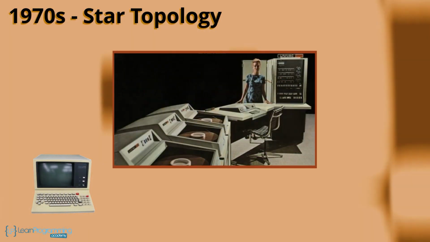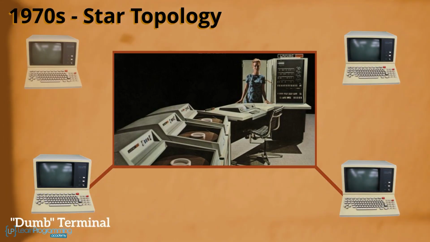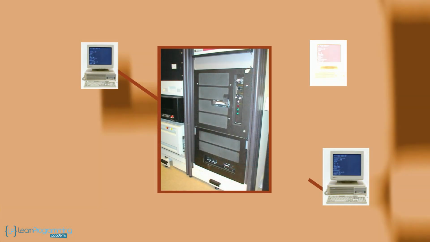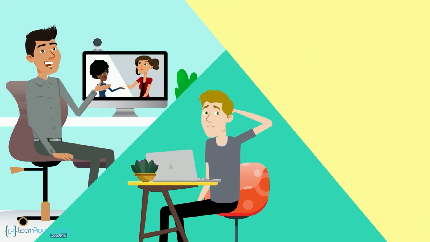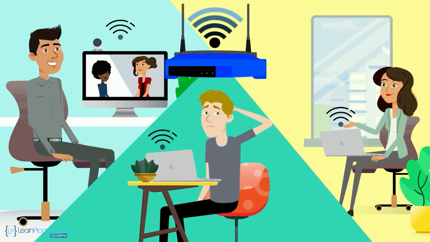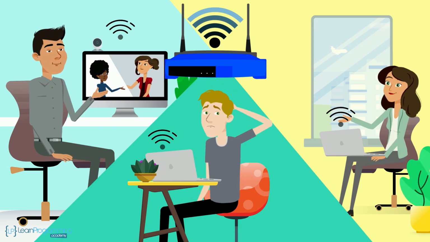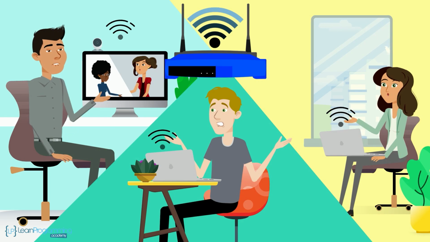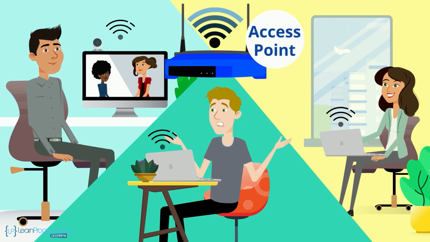What's interesting about the star topology is that it dates back to the 1970s, when mainframe computers with dumb terminals connected evolved into the mainframe computer with personal computers connected to it. A good example of the star topology today is a device called a router for wireless connection to all our wireless devices in our home or office to communicate with each other, as well as allowing some of them to connect through the single point called an access point, or AP, to the internet.